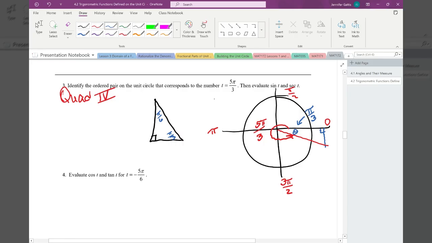And recall that the side lengths for a 30, 60, 90 triangle: the short side is 1, hypotenuse is 2, and long side is root 3. So in the fourth quadrant, only cosine is positive. Everything else is negative. Okay?